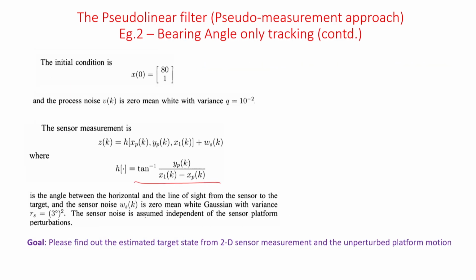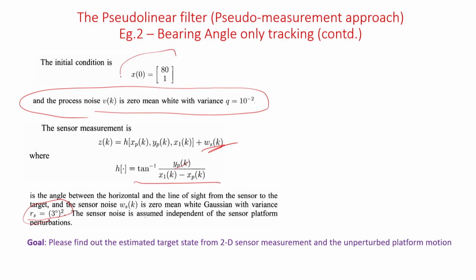Y is this yp, because the yp I have taken is the constant 20, over x1 minus x1p. So it is one dimensionally this plane, this ball or whatever you say, this point is moving from one place to another. Now, you assume that your measurement is corrupted with Gaussian noise with 3 degree standard deviation, plus your initial condition x0 is like this, and obviously you have your process noise variance, which they have assumed as 0.01.